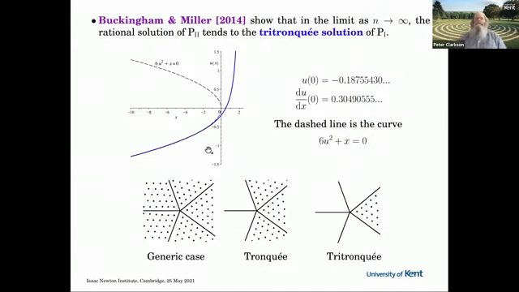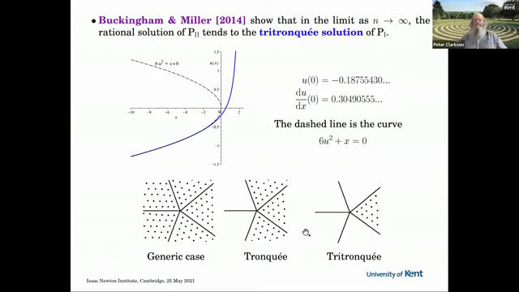Now, Buckingham and Miller actually showed that as n goes to infinity, the rational solution tends to the well-known tritronquée solution of Painleve 1. So this is a solution that has this very specific form here. It's a monotone increasing function. It looks like the square root of minus the square root of minus x as x goes to minus infinity and has a blow up.